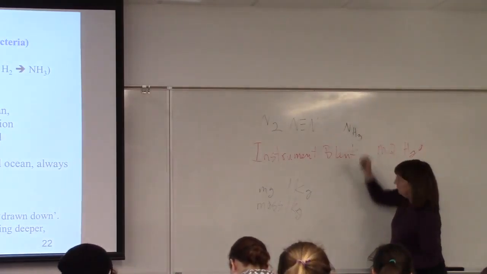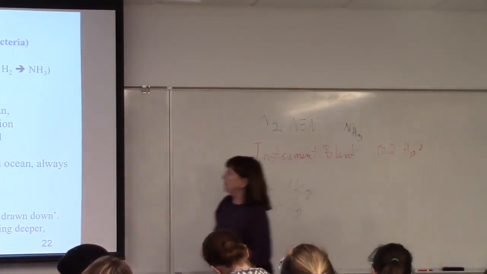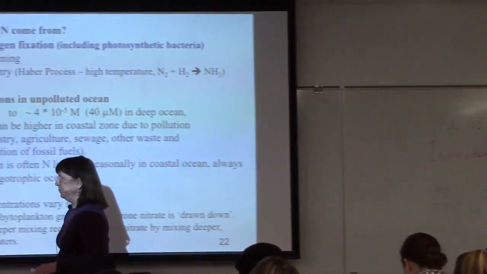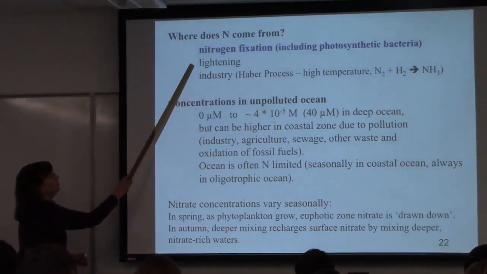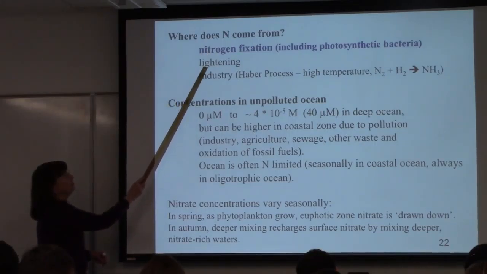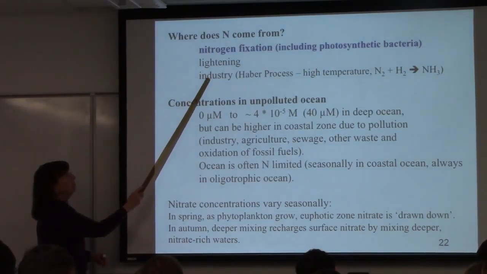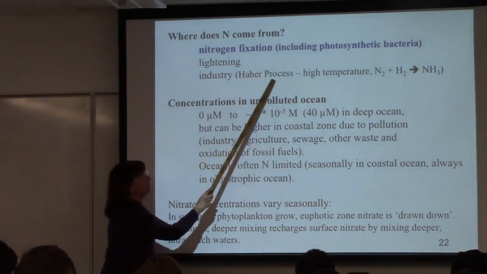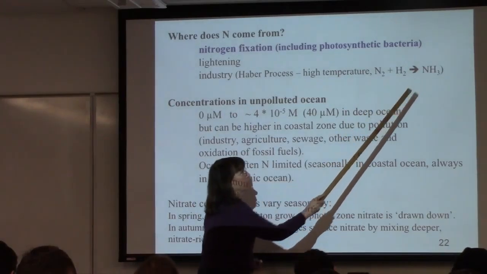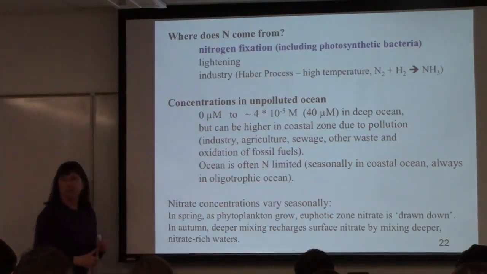So historically, the two ways that nitrogen has become biologically available is through nitrogen fixation, which is biological, and lightning. But since the 30s, man has been making nitrogen for fertilizer and for bombs.